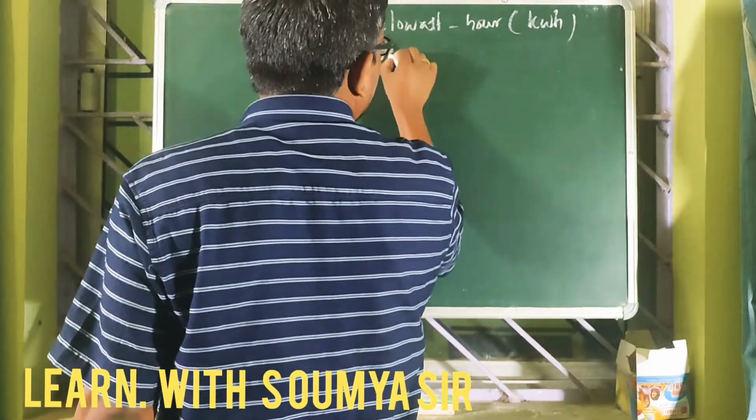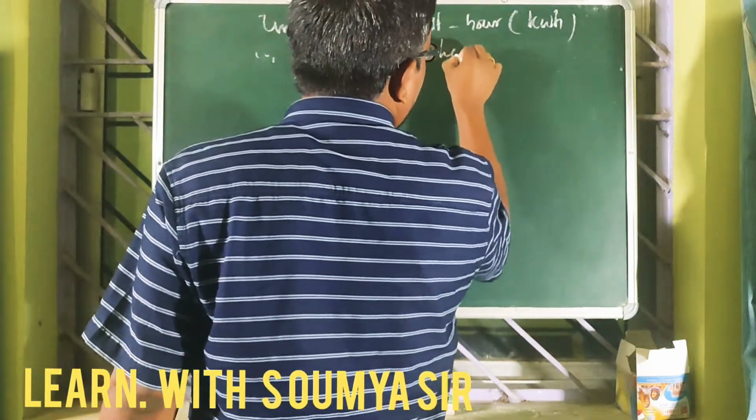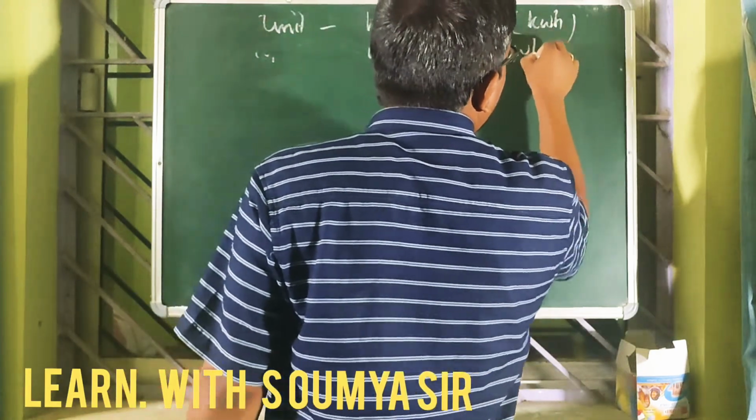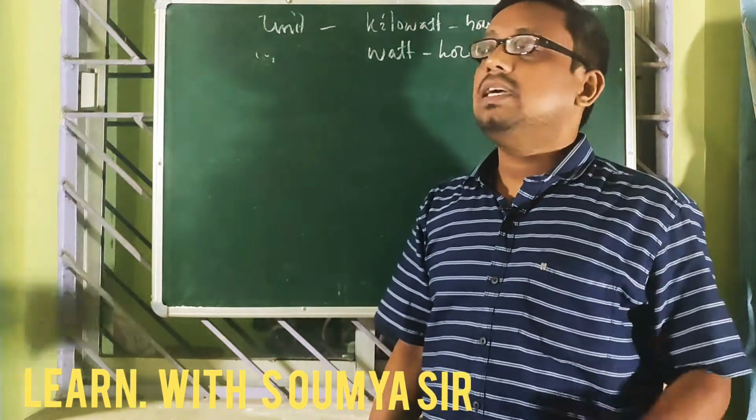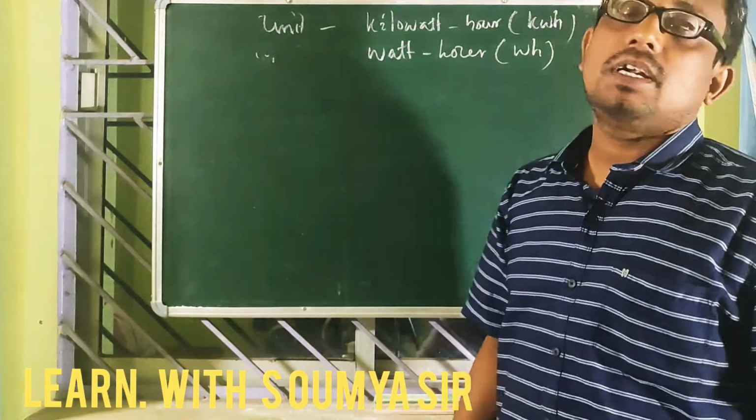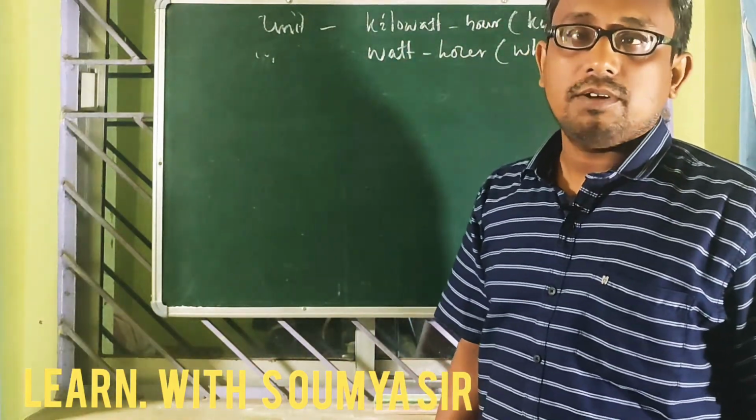Another unit is the watt hour, Wh. So there are two units of electric energy, one is kilowatt hour and another is watt hour.